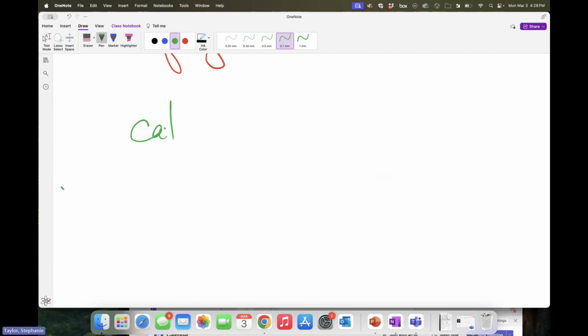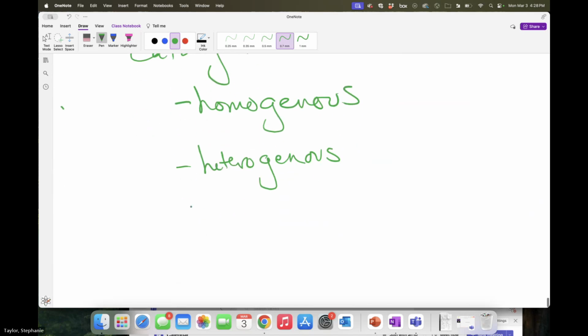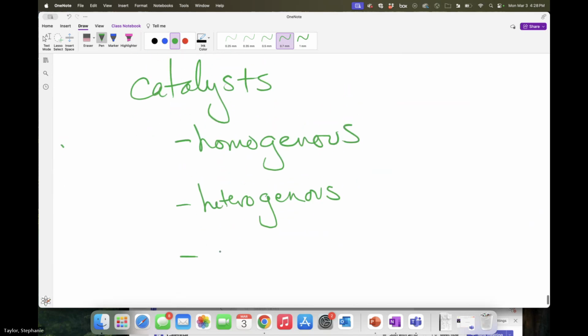So for catalysts, we really only covered 3 kinds of catalysts: homogeneous, heterogeneous, enzymes. We also covered homogeneous and heterogeneous equilibria, which is part of the reason why I'm reviewing this.